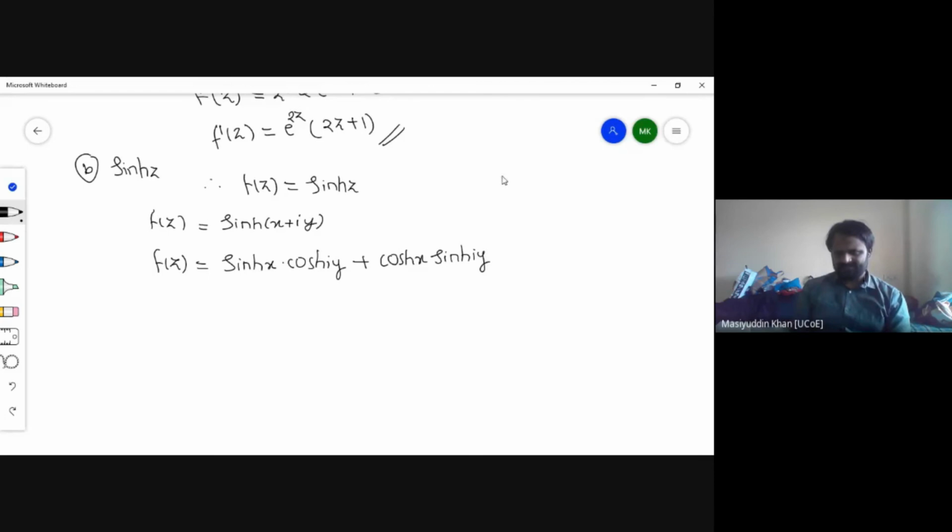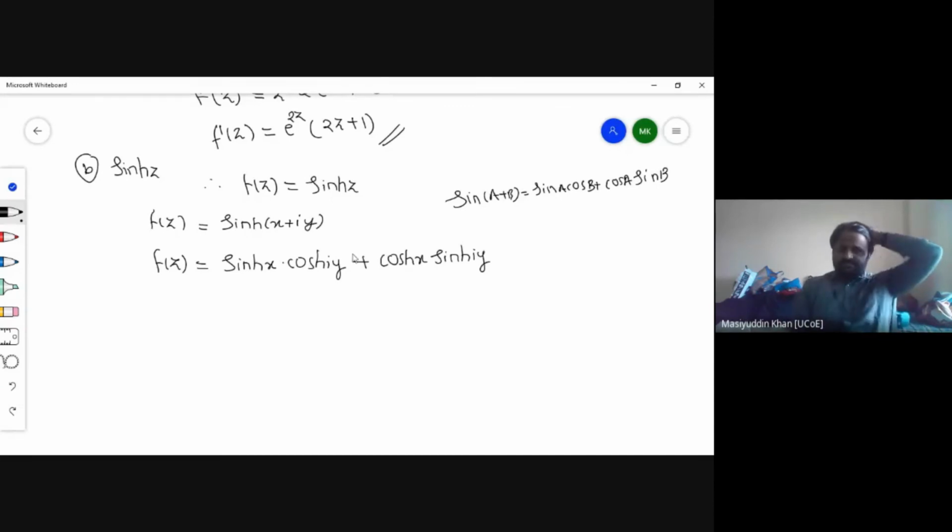This is like sine of a plus b, which is sine a cos b plus cos a sin b. If you remember this formula, sine of a plus b is sine a cos b plus cos a sin b, it is the same formula, only it is hyperbolic, so kept as it is.